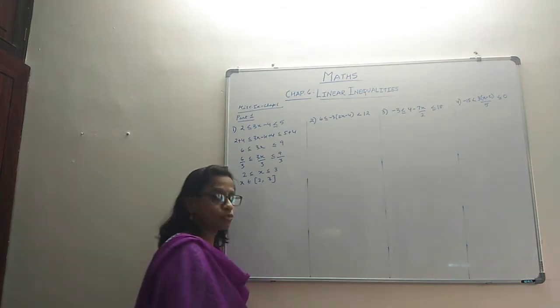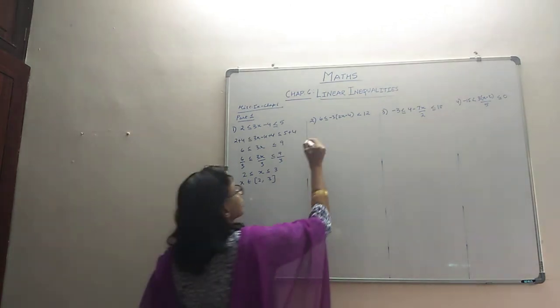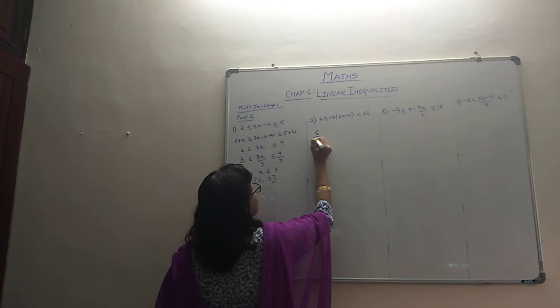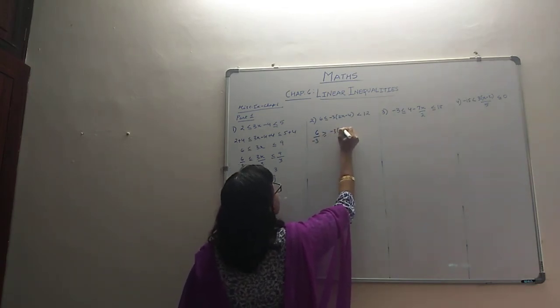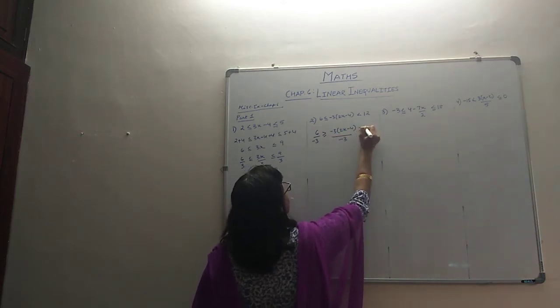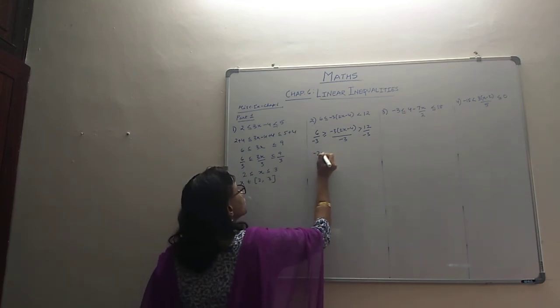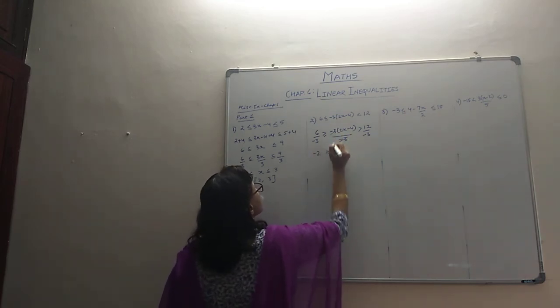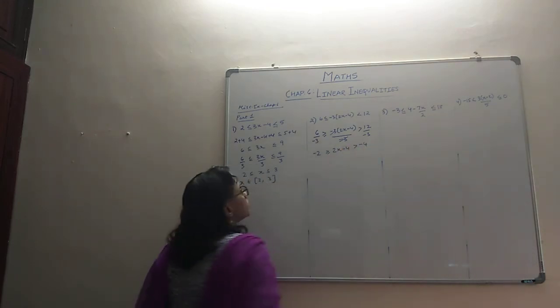So 6 divided by minus 3 greater than or equal to minus 3 times 2x minus 4 by minus 3 greater than 12 by minus 3. So minus 2, 2x minus 4.